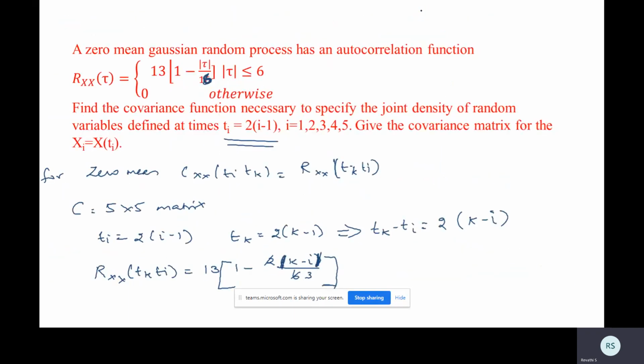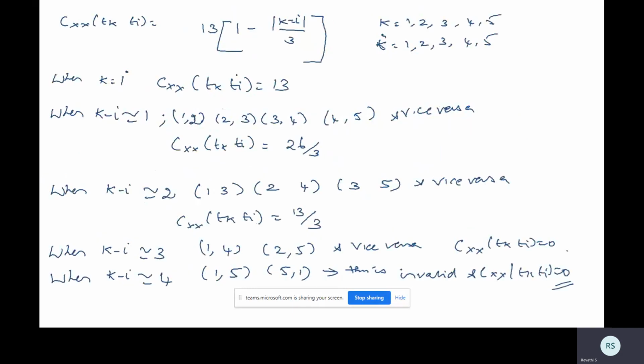So now you can write the Cxx matrix, which is nothing but, okay, so you have derived all the values. 1, 2, 3, 4, 5. 1, 2, 3, 4, 5. So you can see when K equal to I, what is the answer? 13. We are having 13. So you can first of all fill the diagonal like this.